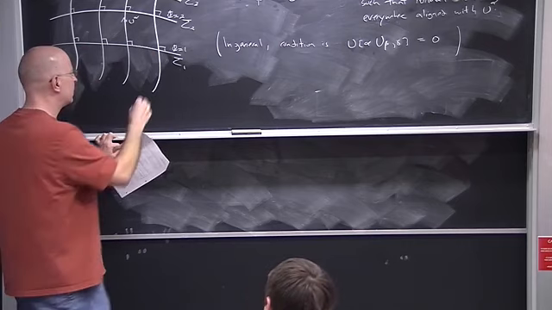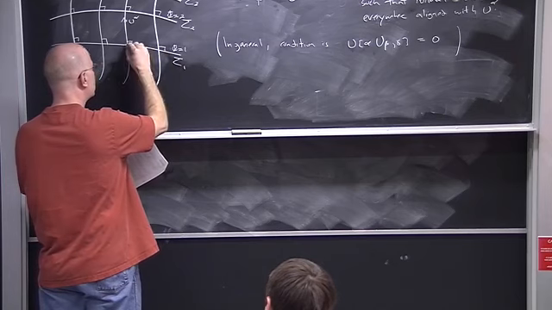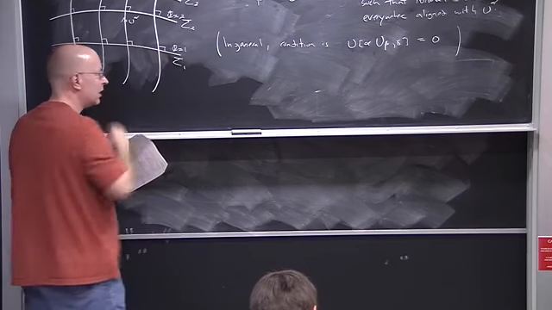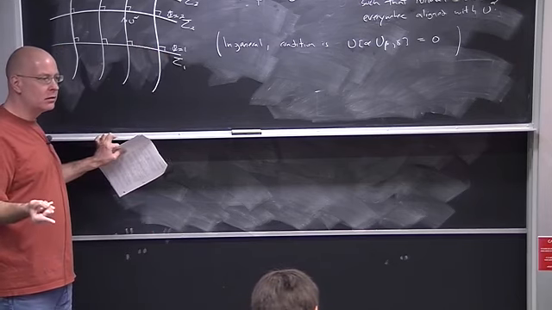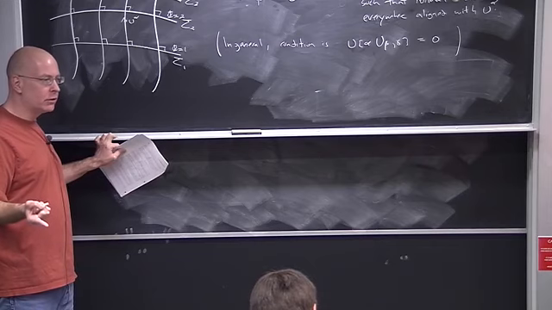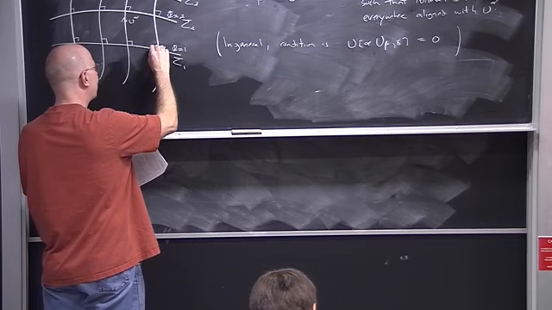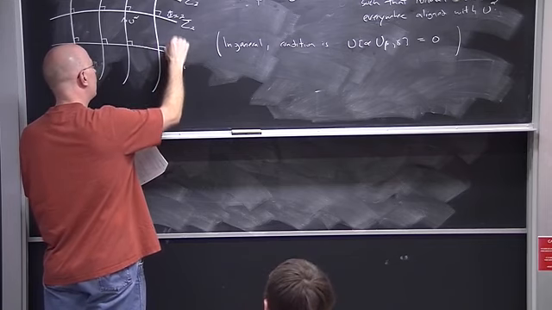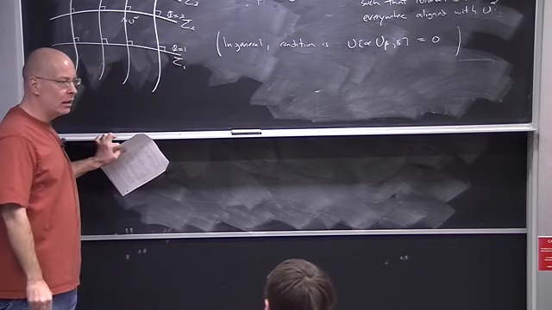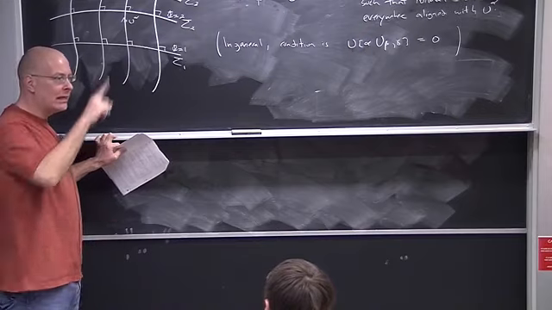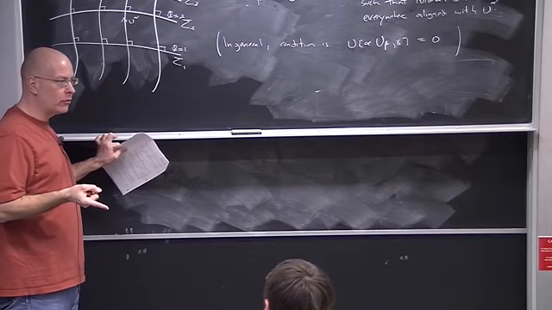So I'm saying two things. I'm saying first that because the function doesn't change as I move within the surface, the gradient vector cannot point within the surface. And because the function changes only as I go away from the surface, as I move from one to the other, the gradient vector has to point in that direction, and that's the direction of the normal vector.